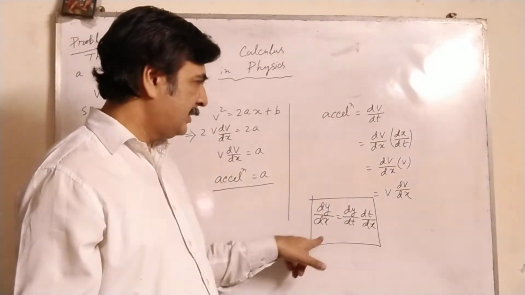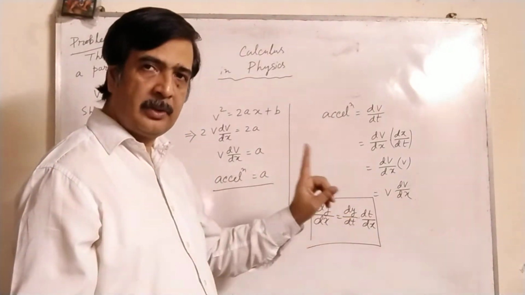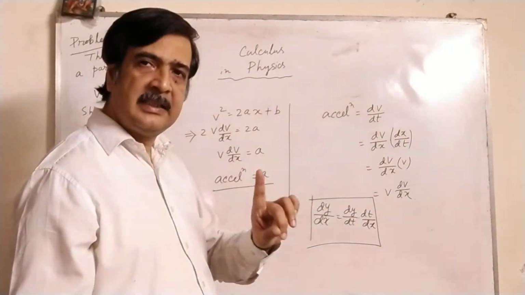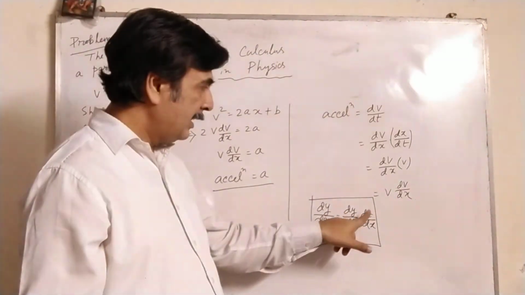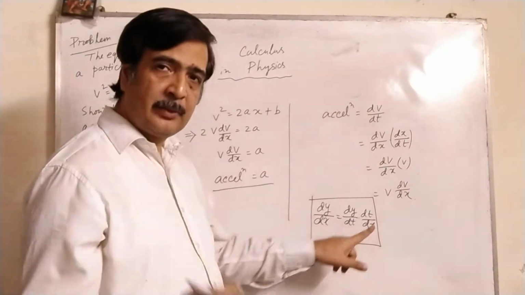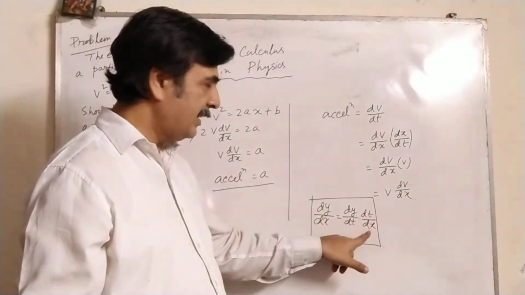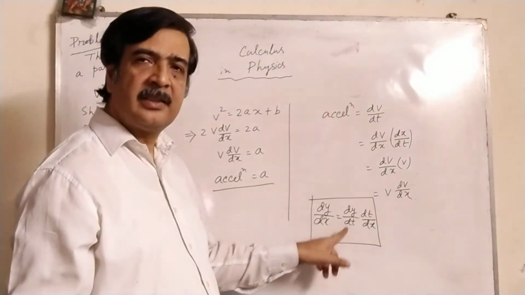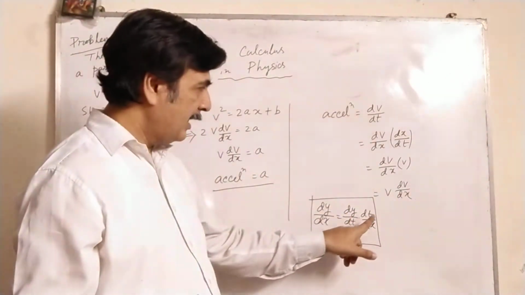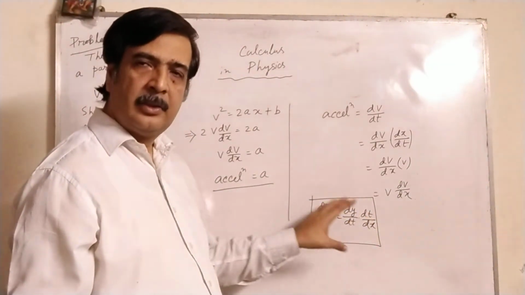We can say delta y by delta t into delta t by delta x, but we cannot simply say dy by dt, dt by dx, because dy/dt is the differentiation of y with respect to t, and dt/dx is the differentiation of t with respect to x.